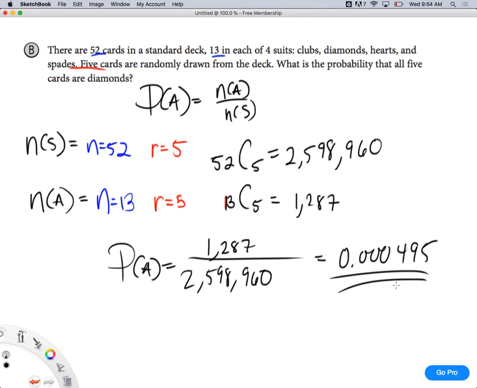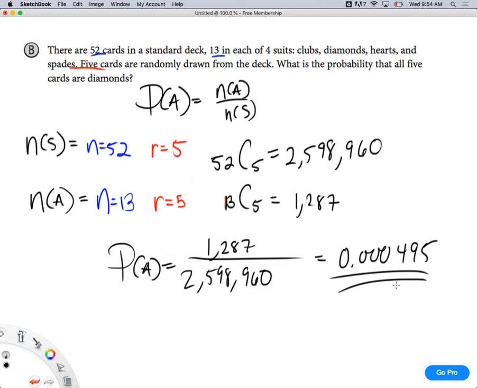Which is kind of interesting to think about, right? Drawing 5 cards randomly from the deck, the chances that you get a flush are 0.05%, and a flush is when you get all the same suit, right? Which means 20 times out of 10,000 or 2 times out of 1,000. I feel like that's not accurate. 1 out of every 500 hands.